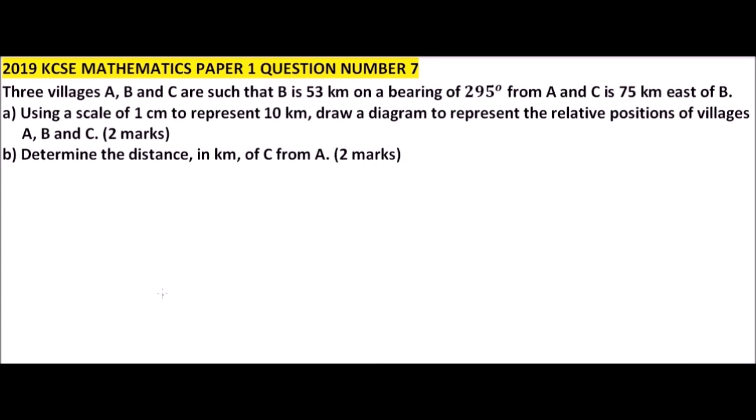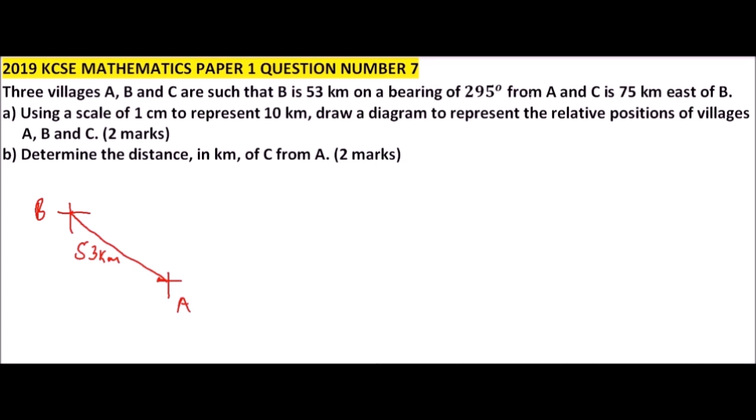If we say this is A, then roughly 295, since this here is 270, you only add 25 degrees here to get to 295. So we draw our line to B, so that is the position of B, and the distance here is 53 kilometers. So this is the position of B, and we put our compass there.